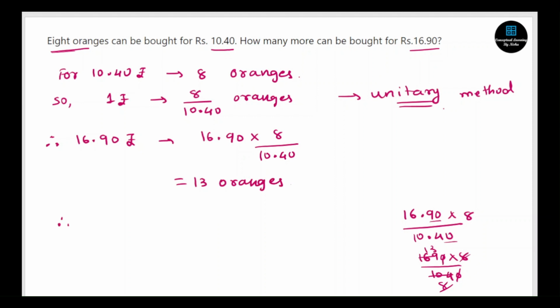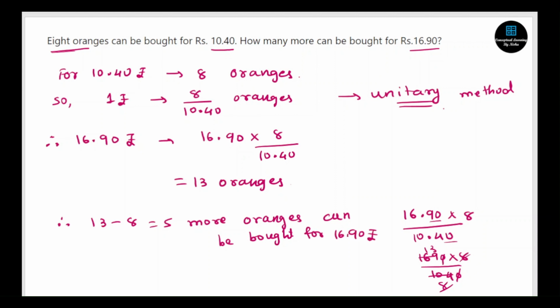So therefore 13 minus 8 equals to 5 more oranges can be bought for 16.90 rupees, right? So you have to write your final answer this way, correct?